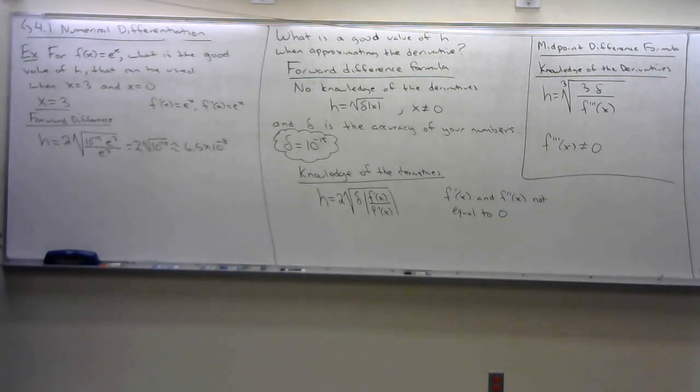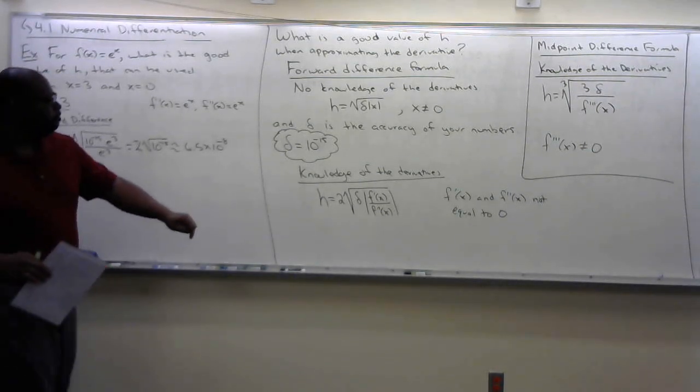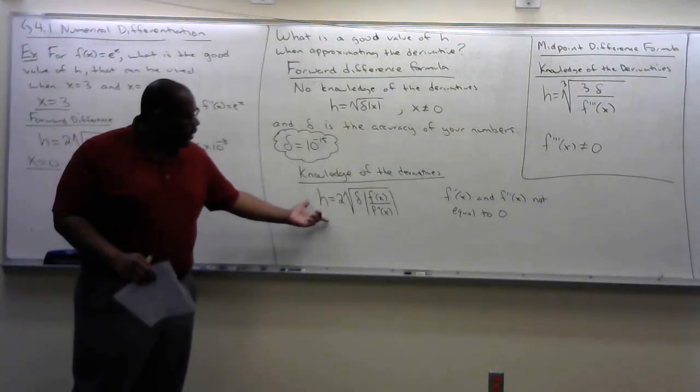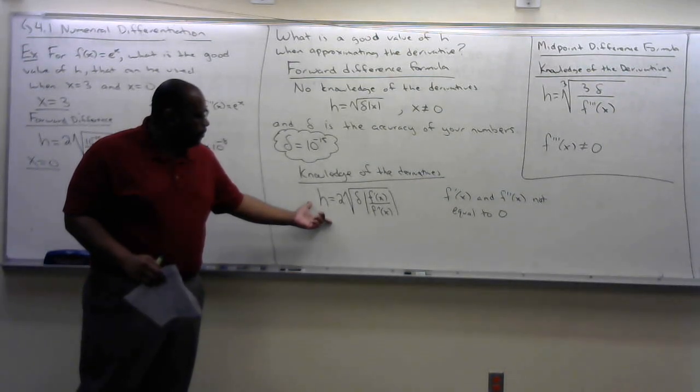Okay, and that's going to give me the value for the forward difference method. What happens when x is equal to 0? Well, here I can still use the one with knowledge of the derivatives, right?